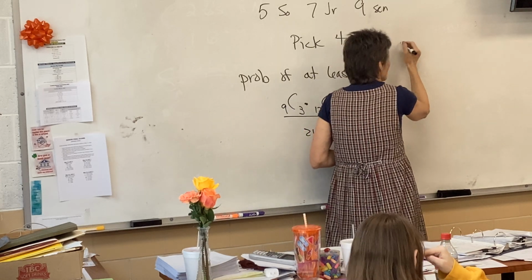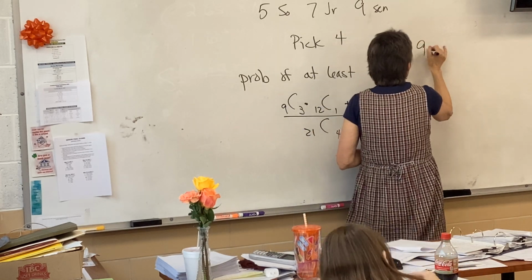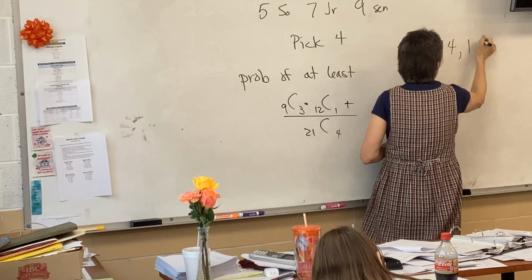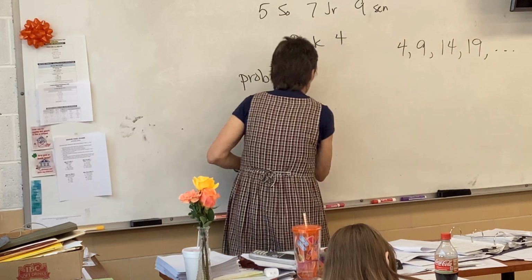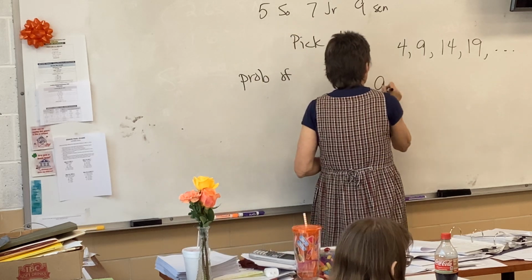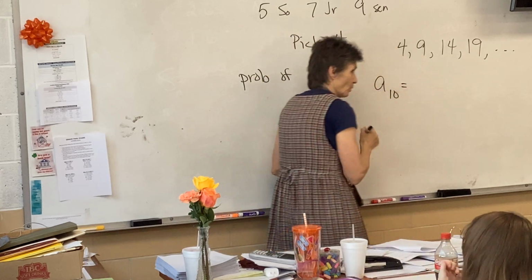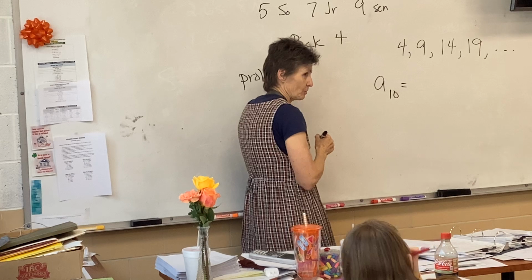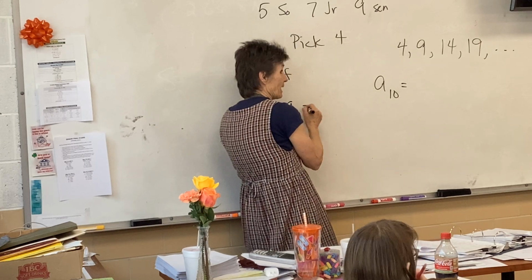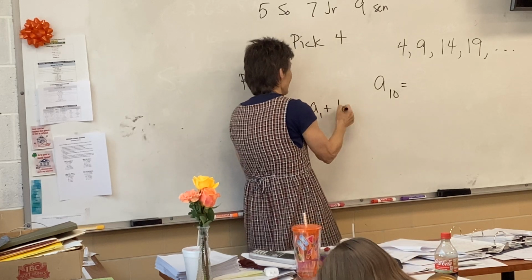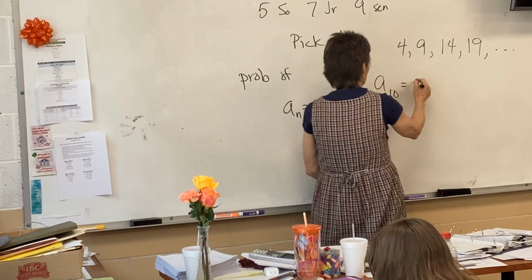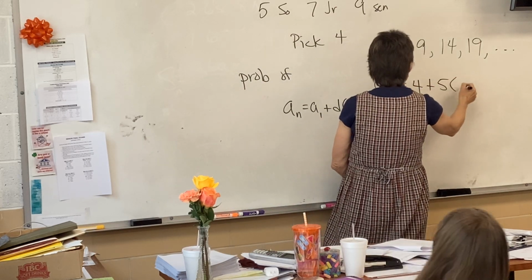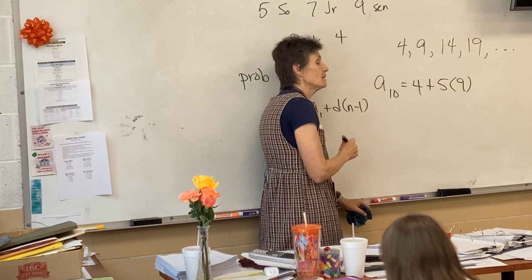Let's take the sequence 4, 9, 14, 19, and so on. Could you find the 10th term without writing them all out? Yes. What kind of sequence is it? Arithmetic. So use the formula that doesn't have an R. That would be 4 plus 5 times 9.